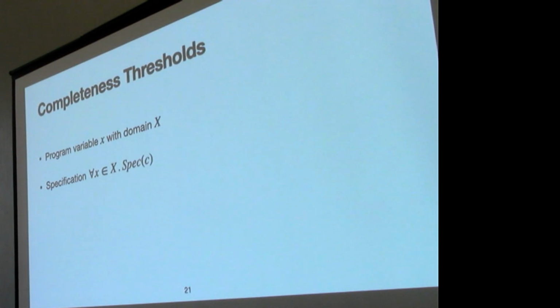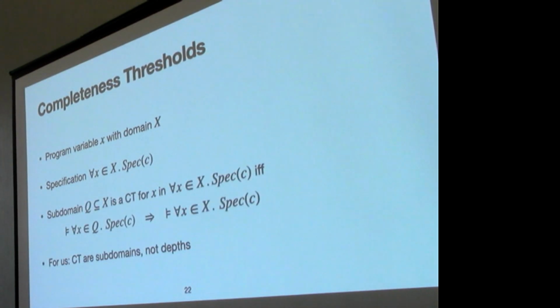Now for us, a completeness threshold here is not a number k, but is actually a subdomain q of the program variable domain. And this subdomain needs to have the property that if the spec where we restrict the variable x to the subdomain holds, then the unrestricted specification that talks about the entire program variable domain also has to hold.